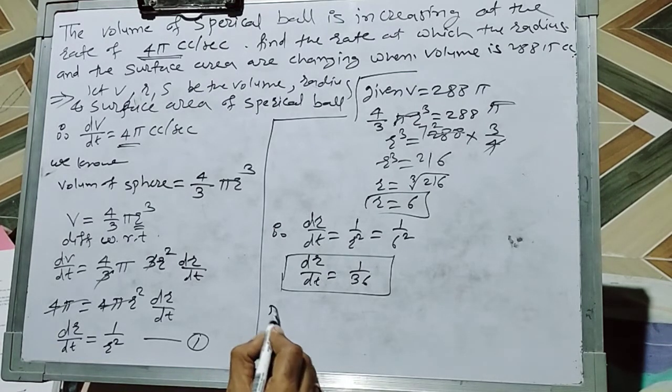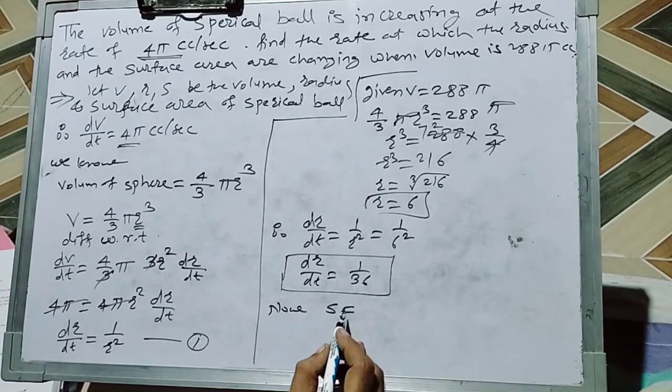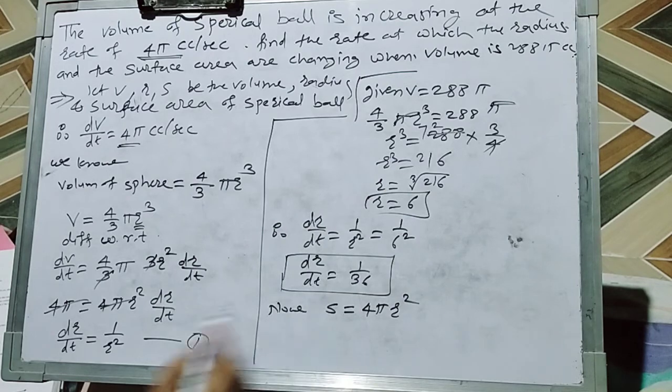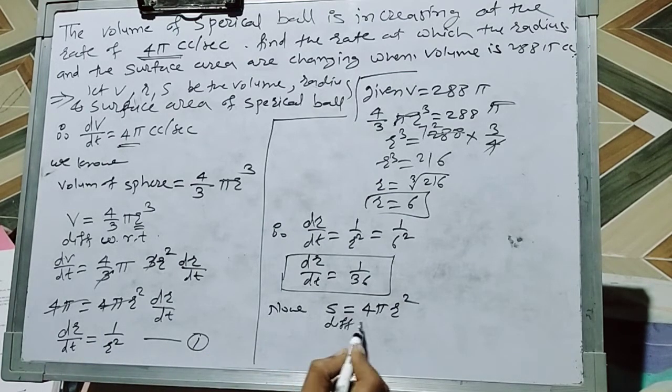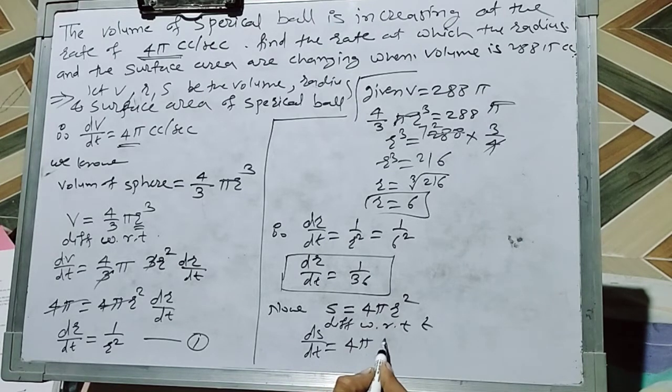Now secondly, to find the surface area of sphere, the formula is S is equal to 4 pi r square. Now here r is equal to 6 and dr by dt is equal to 1 divided by 36. So differentiate with respect to t. It means dS by dt is equal to 4 pi, and the derivative of r square is twice of r dr by dt.